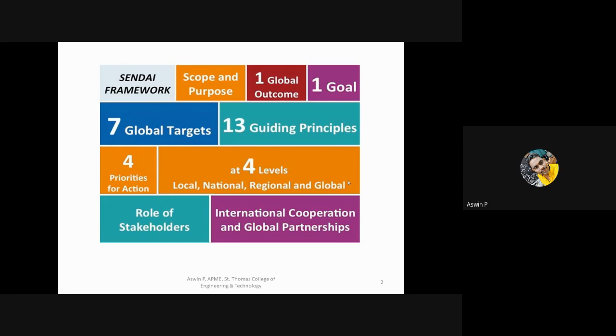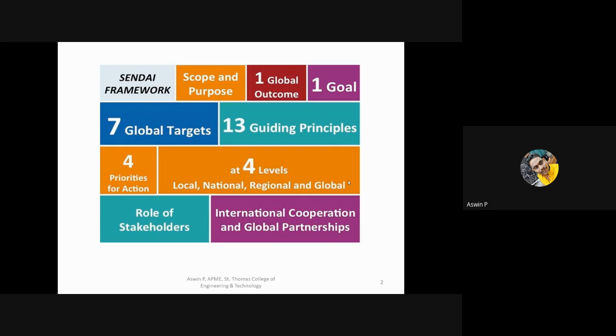At the international level, the UN is engaging with different countries for the protection of nature as well as reduction of disasters in various parts of the world. And there are 4 levels.